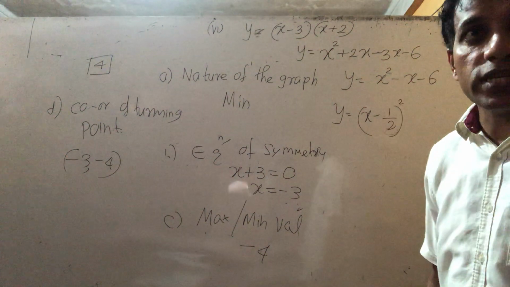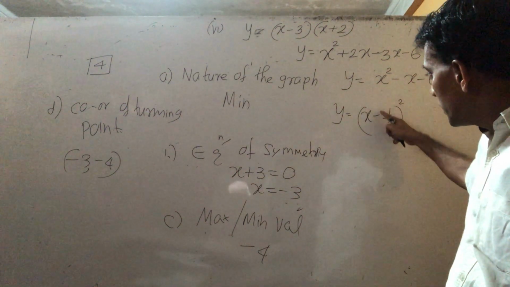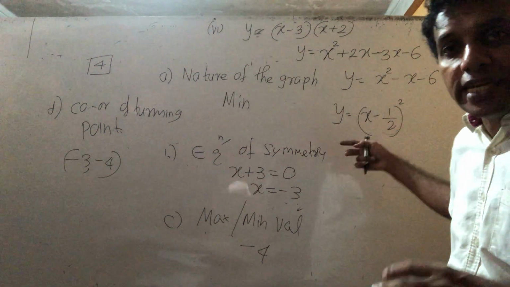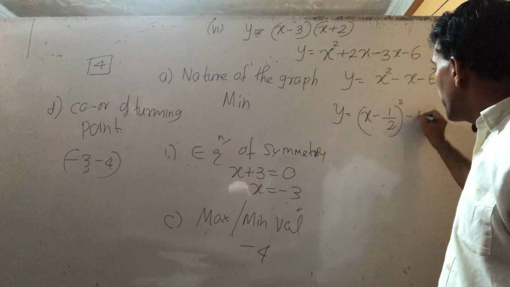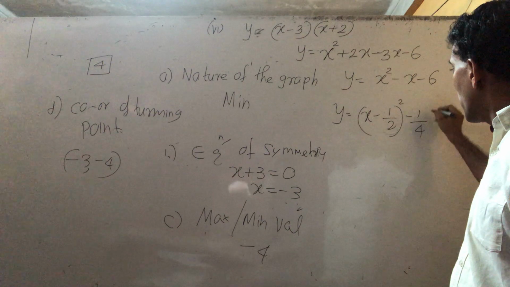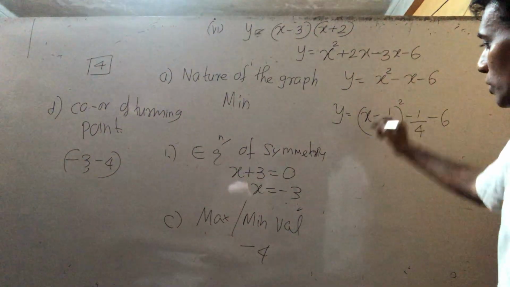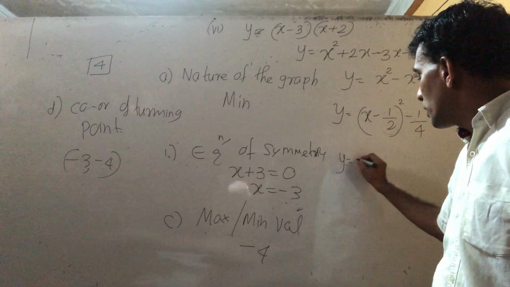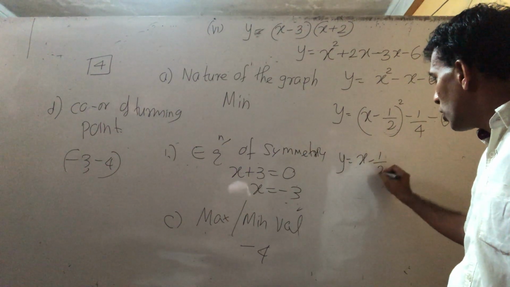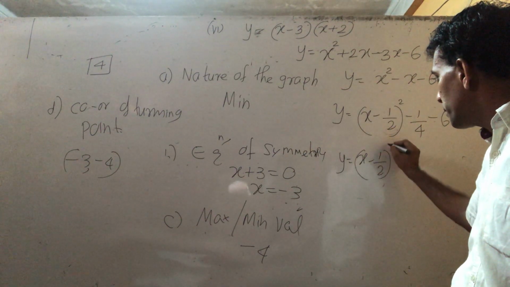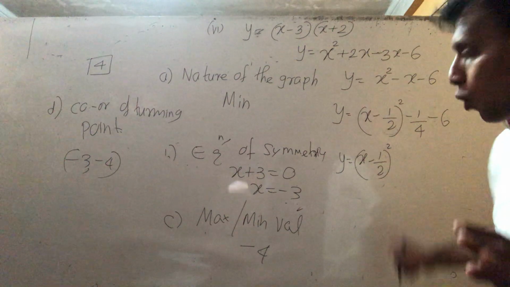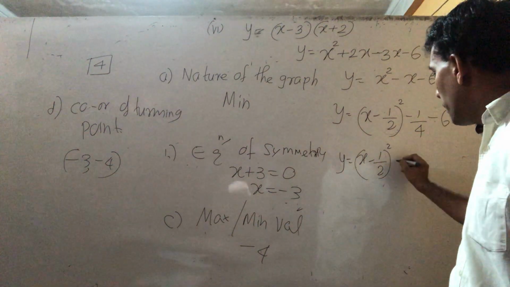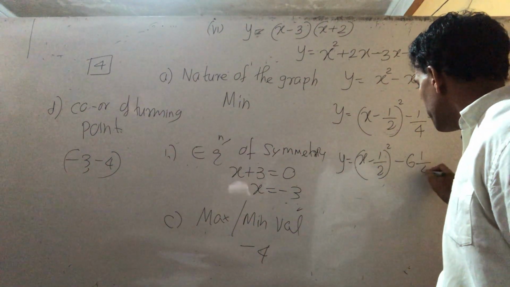As I mentioned in the previous problem, its square comes as an additional term. So subtract 1 over 4, right? And here minus 6. So y equals (x minus half) all squared minus quarter minus 6, that is minus 6 and a quarter.